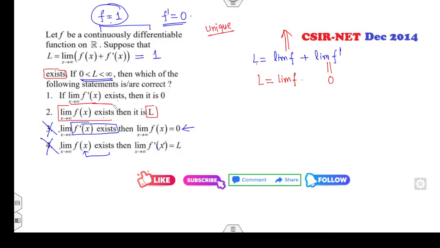So that means that limit is my L. So if this is L, then this L and L will be cancelled, then this number will be 0. So yes, A and B both are the right answers.